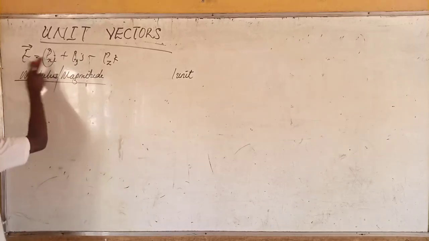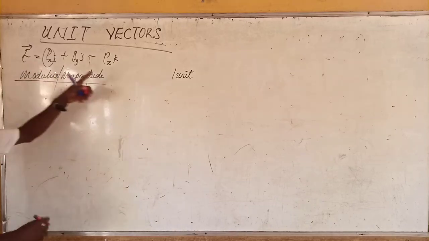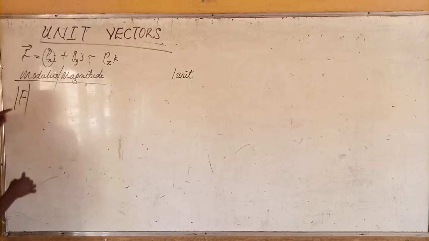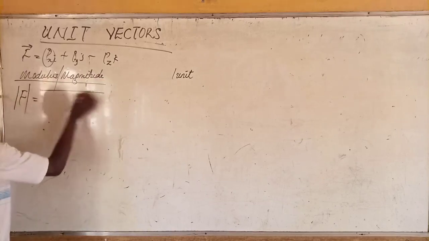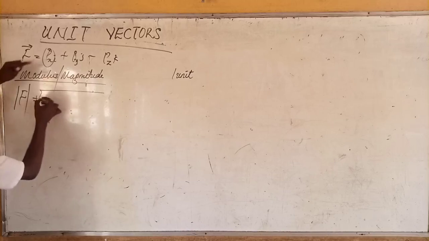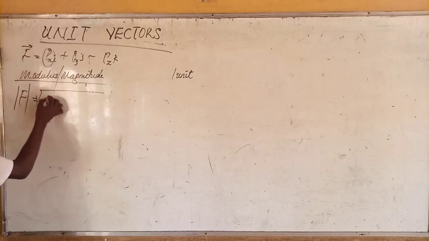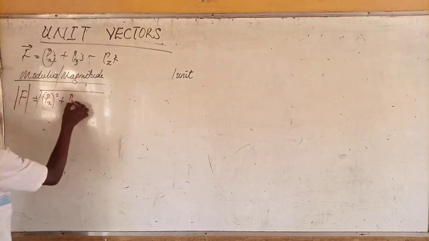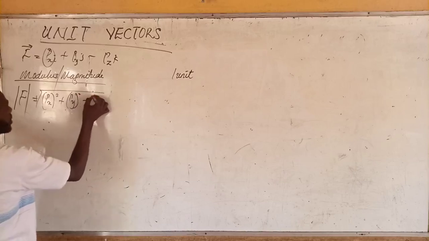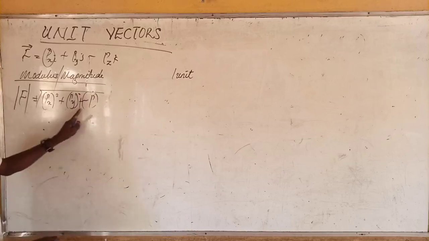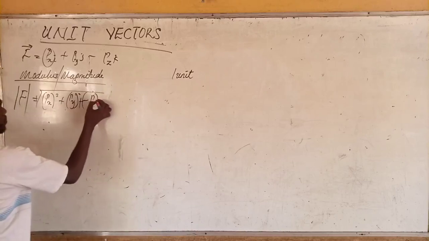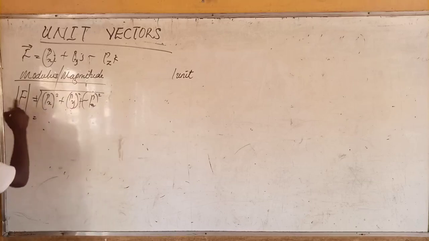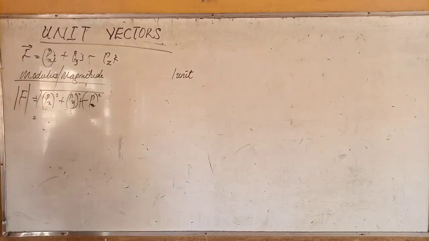So for example, you are told to find the magnitude of the vector F. You take the modulus this way: it becomes the square root of px squared, plus py squared, then minus pz squared also. Now you're adding everything, is that okay? So that will be the magnitude of our vector.